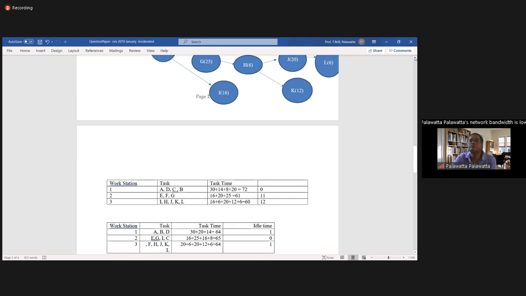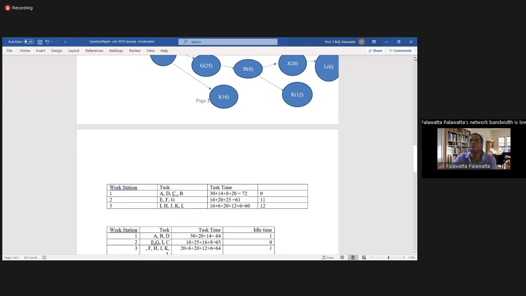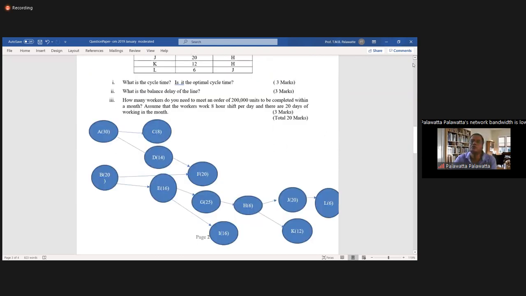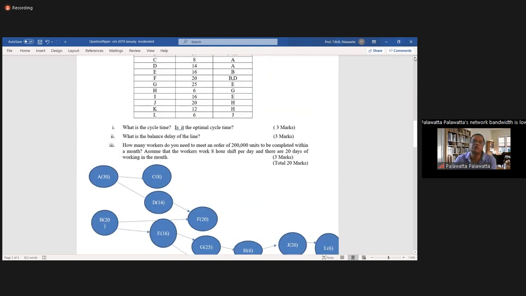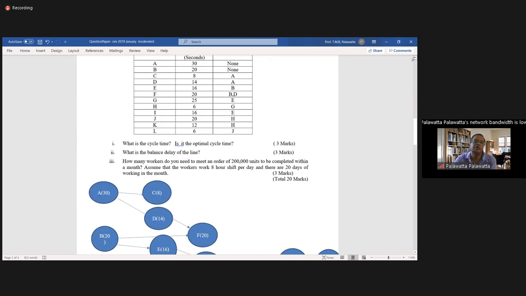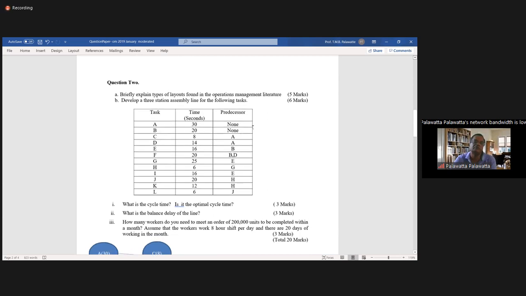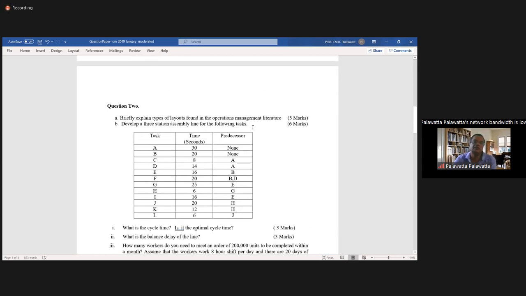Remember, if you get this type of question, you should read the question properly. Let's say it asks: create a 3-station assembly line for the following tasks. This doesn't say that you will create a 3-station assembly line with optimal cycle time.